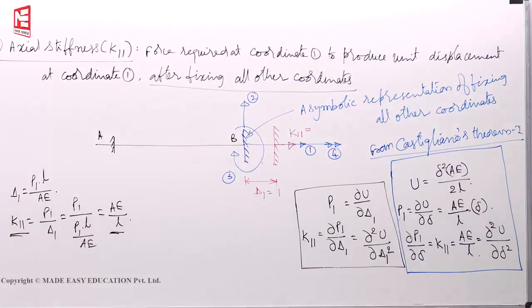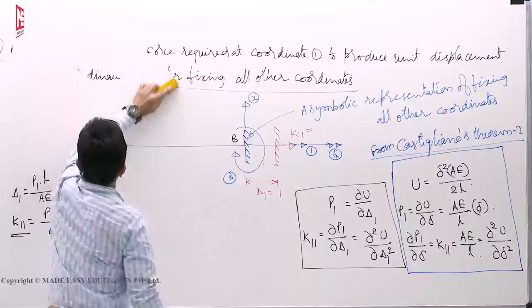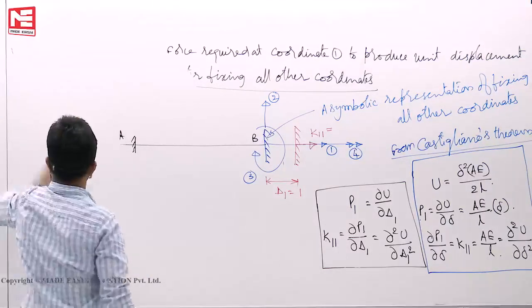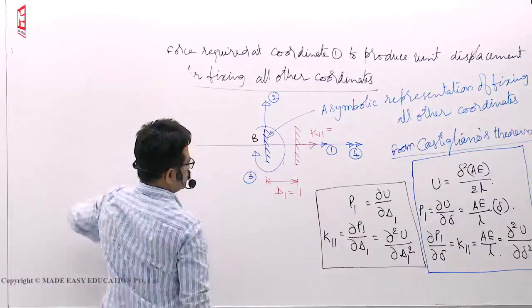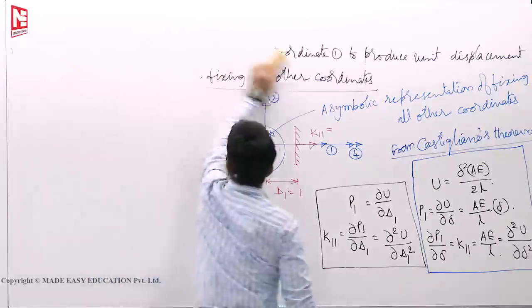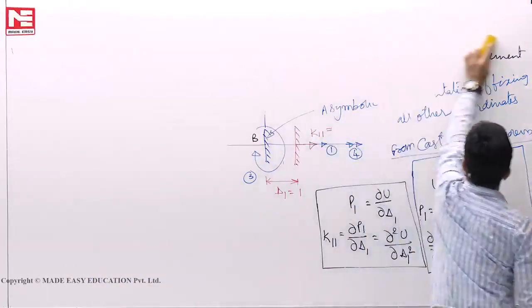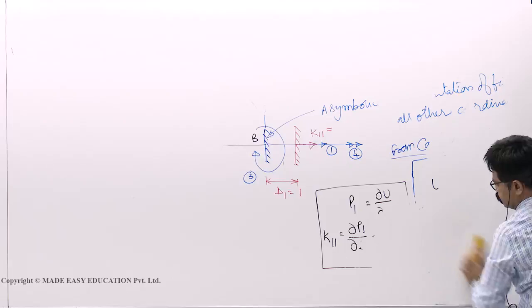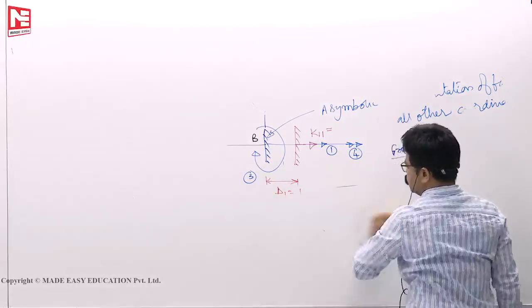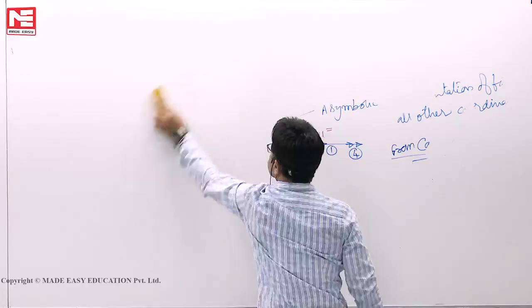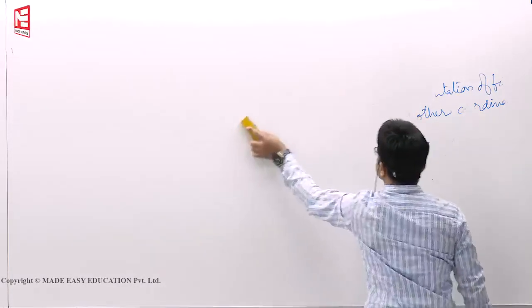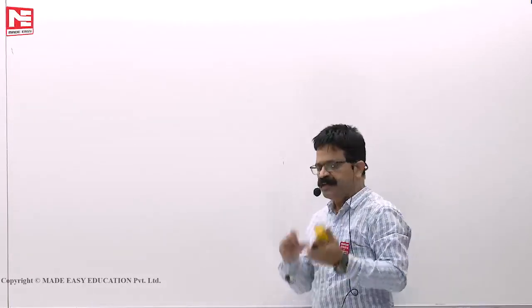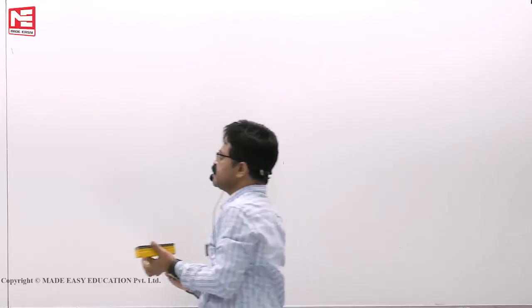Now we will take the second one, transverse stiffness. Now no strain energy concept, directly we will write from strength of materials concepts.